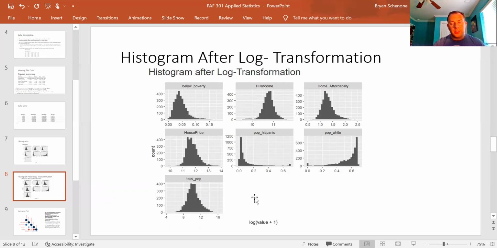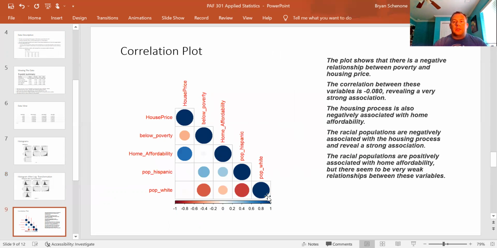Our correlation plot shows that there's a negative relationship between poverty and housing pricing. The correlation between these two variables is -0.080, revealing a strong association. Housing prices are also negatively associated with home affordability.